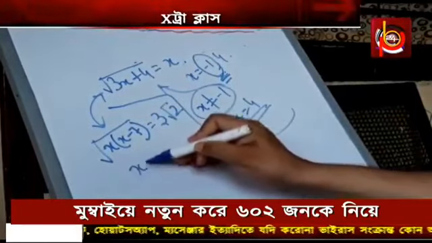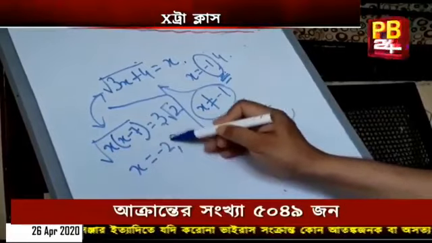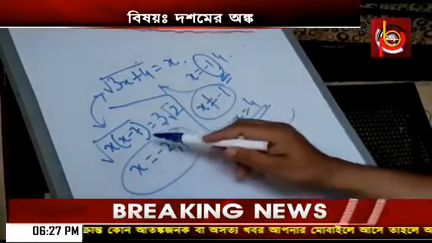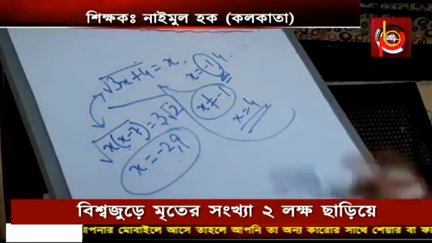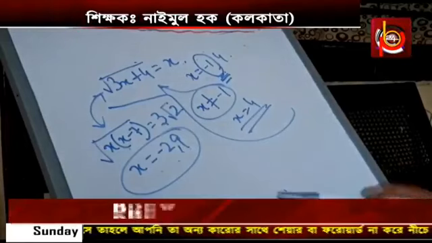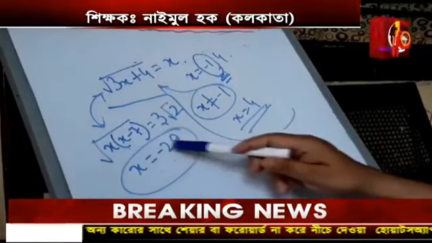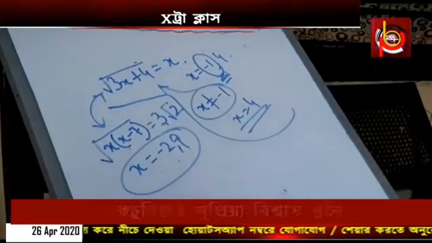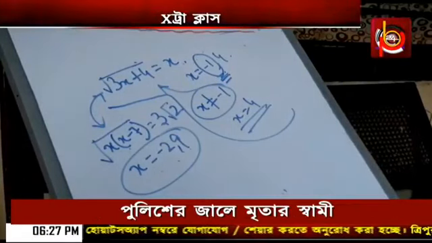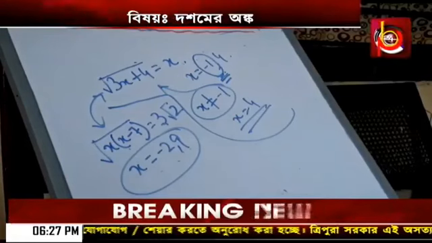Its answers will come -2 and 9. Both of the answers will be satisfied by this equation. So undoubtedly the solution is x equals -2 and 9. It means you have to always be careful about the last lines of every sum.